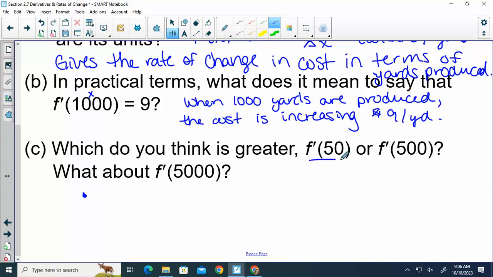The rate of change, so that's like the slope, it's how much per pair that we're paying. So would it cost more for 50 or for 500 when we're looking at the cost per pair? So f prime of 50 is going to be greater than f prime of 500.